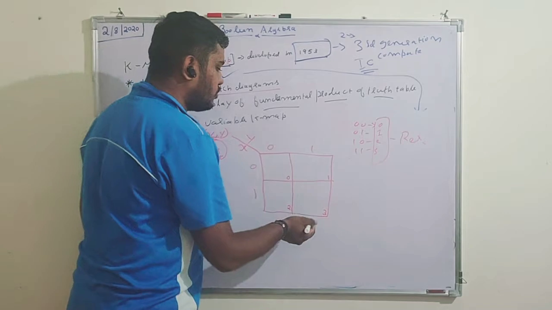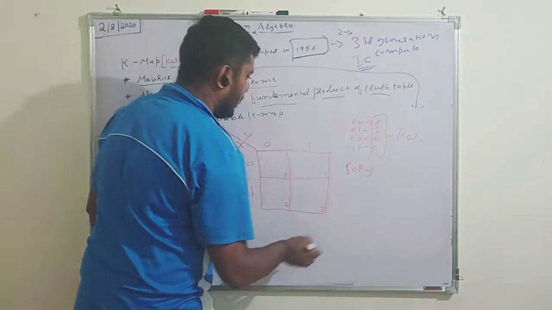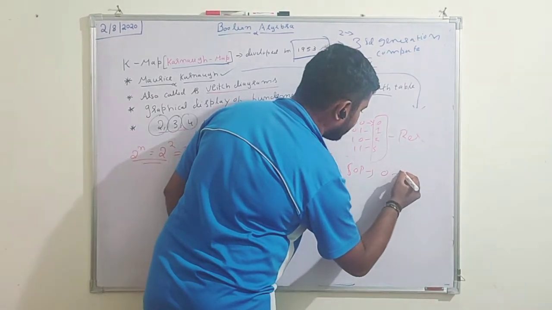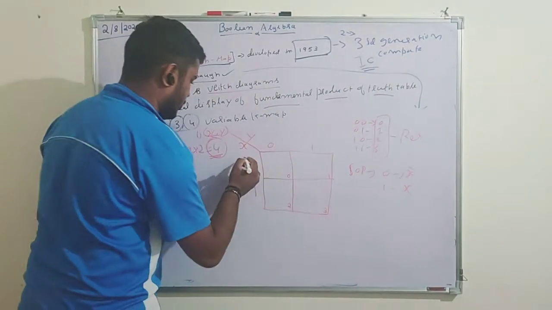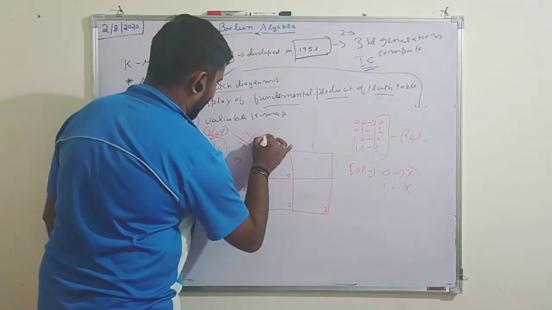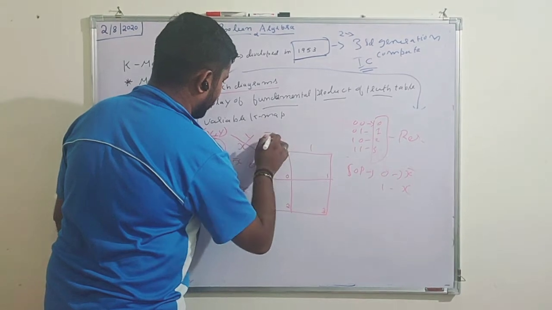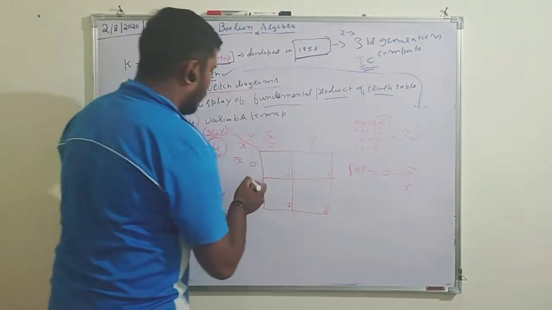So now you know that I am drawing SOP. In SOP, 0 is known as x bar and 1 is known as x. So I am going to name them x bar and x, and y bar and y. Now, how do I do that?